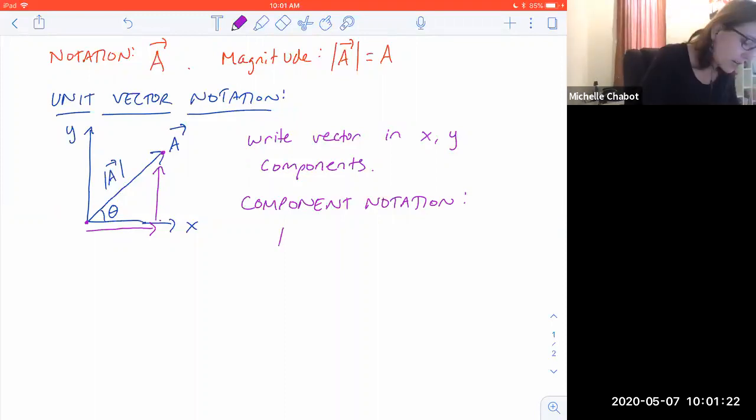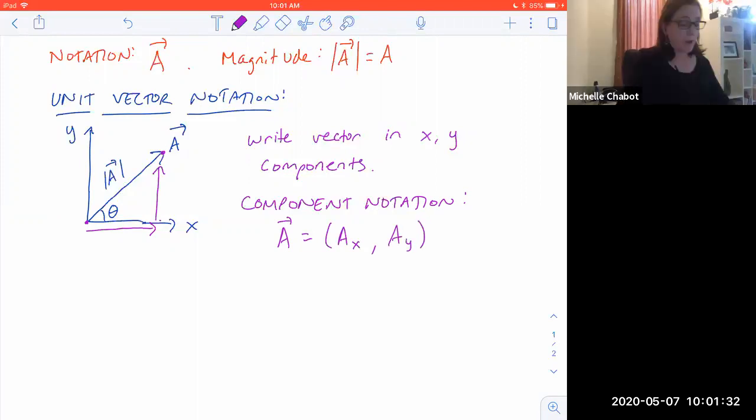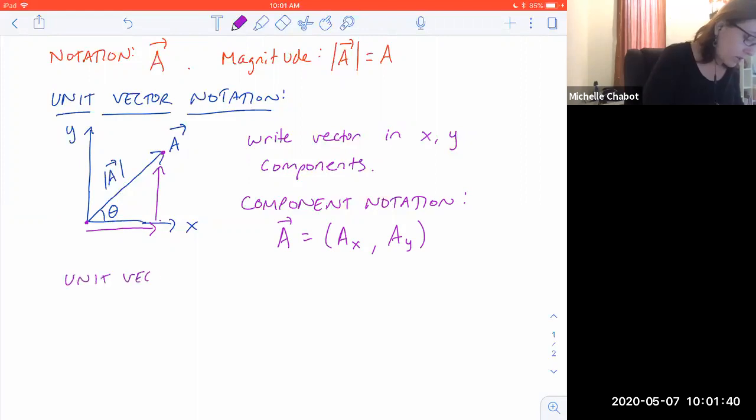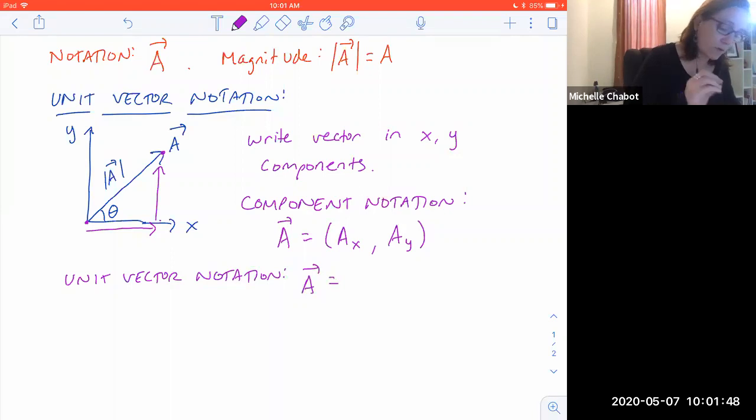And the component notation is that vector A can just be expressed as its x component, comma, y component with parentheses around it. And this works, but we don't use it as commonly in physics, and more often we use what's called unit vectors. So unit vector notation is that I would take my vector A and write it out and then explain each part.